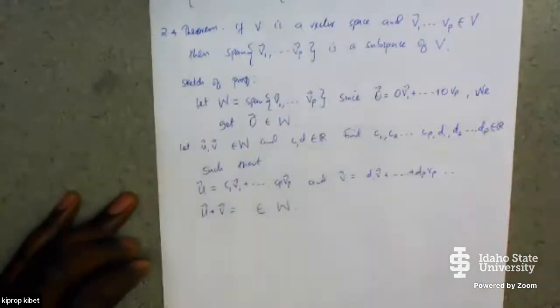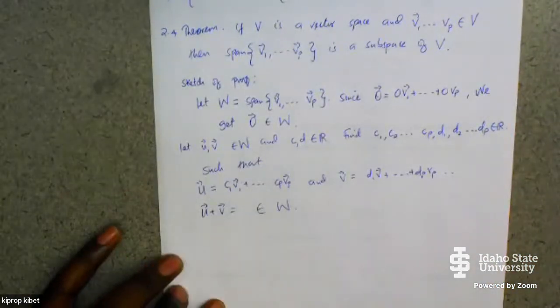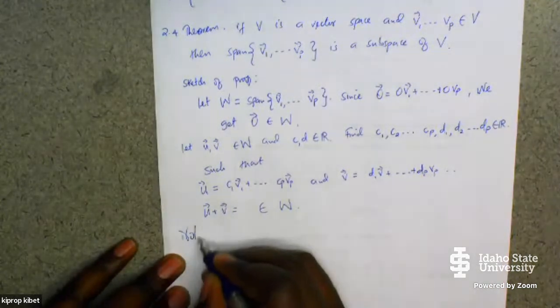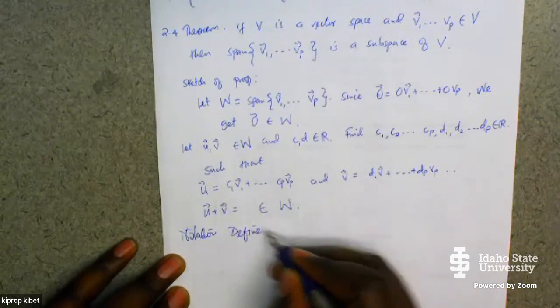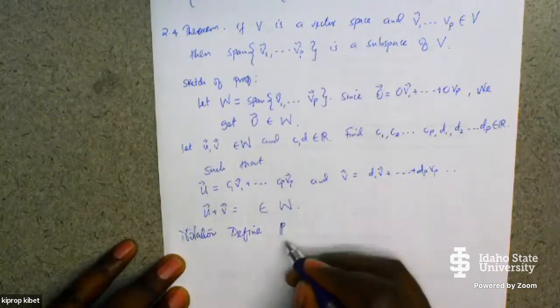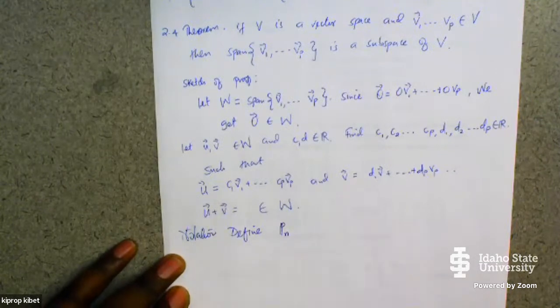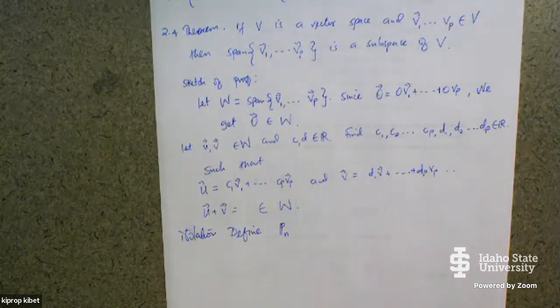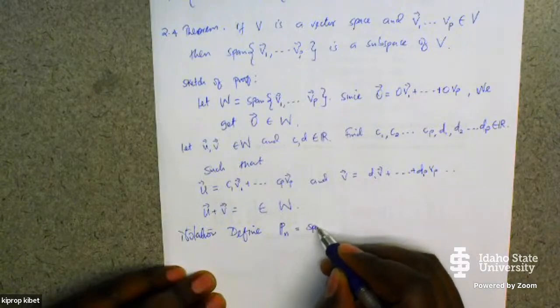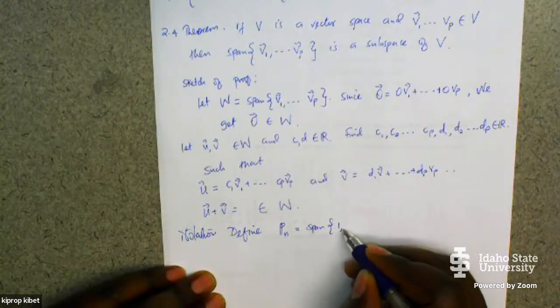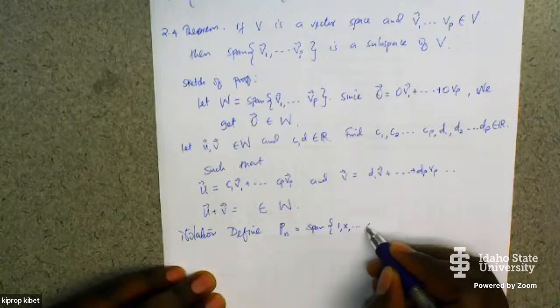Okay, let's look at a notation here, which we'll be using also. We define P, and then we put N here, to be the polynomials of real coefficients of degree N. So this is basically equal to the span of 1, x, all the way to x^n.